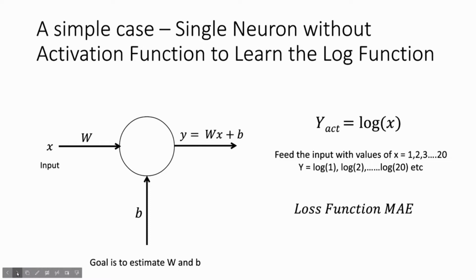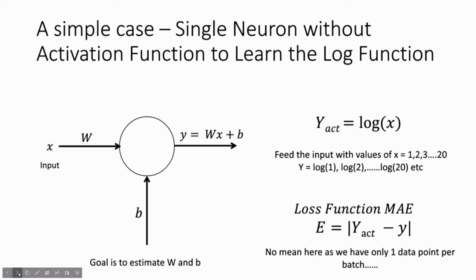We will have to choose a loss function, mean absolute error. Here of course there will be no mean, because we will feed the neuron one single data point at a time. For every iteration we will feed one data point, which will update the weight and the bias.